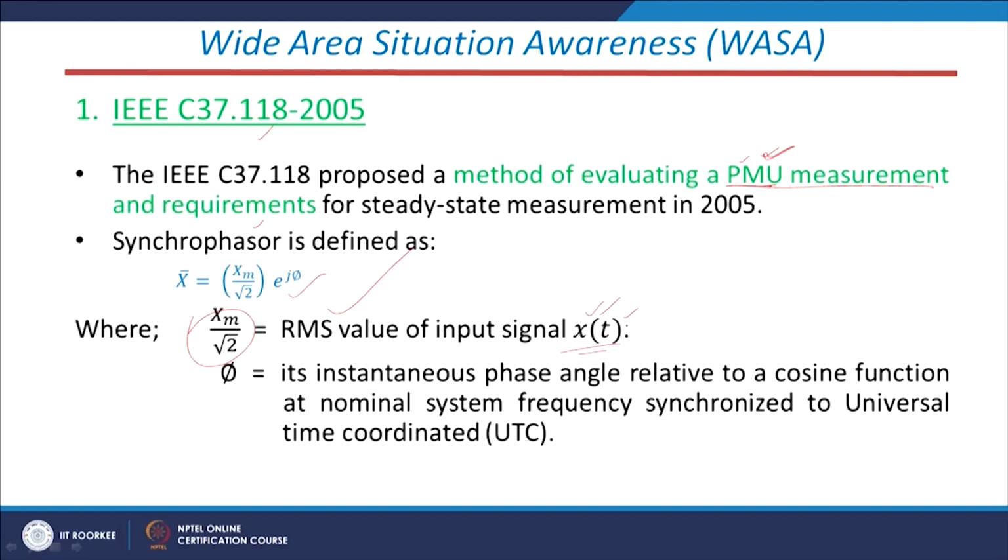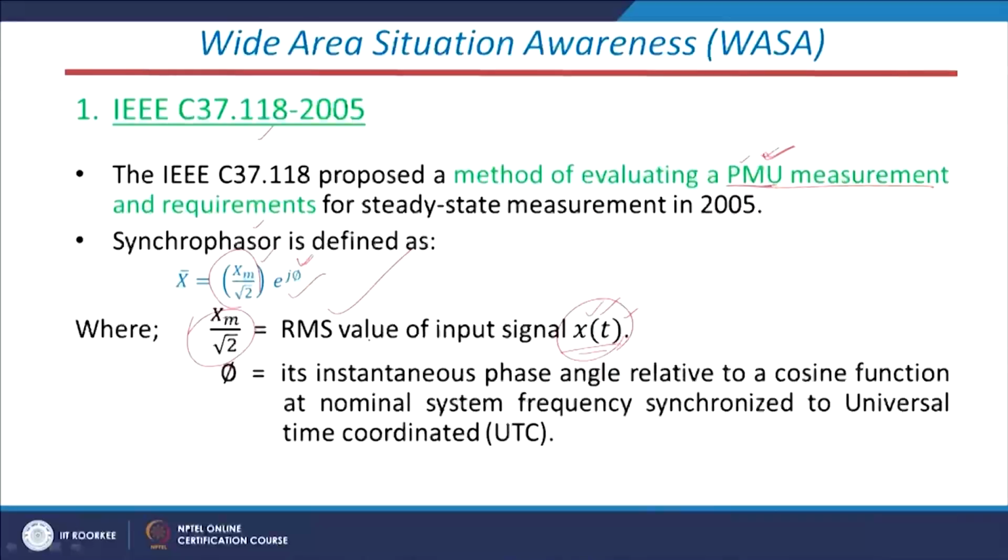If I want to write this x(t) in the phasor domain, I write x bar is equal to x m by root 2, this is the RMS value and this is the phase angle value, the magnitude part and the angle part.